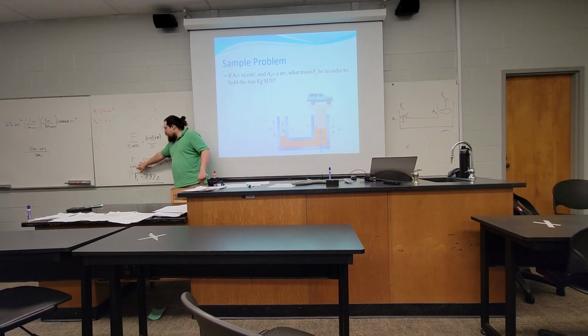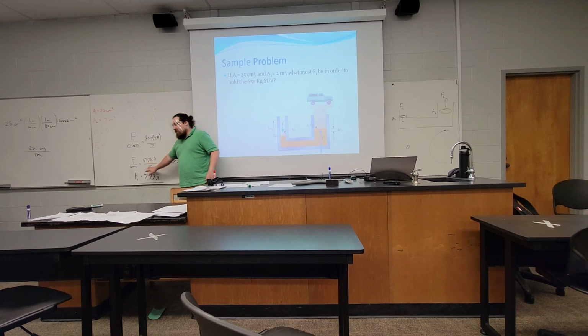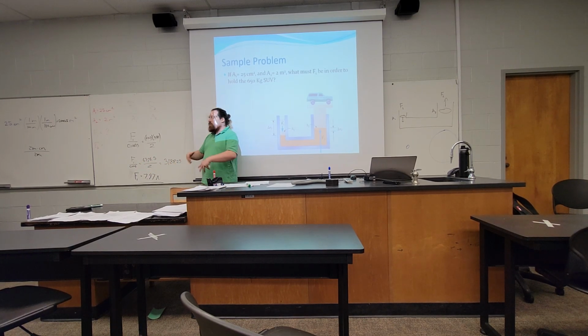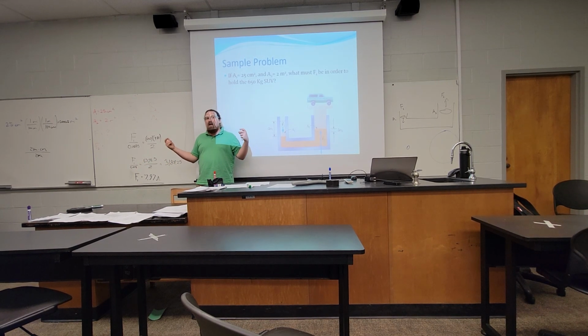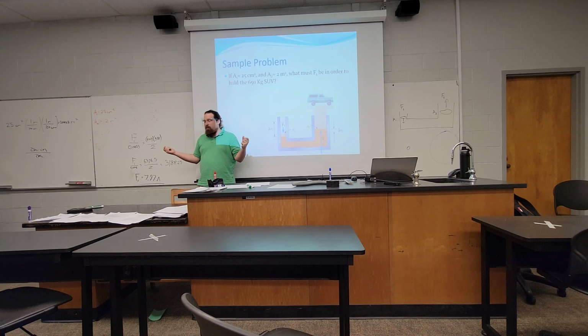So F1 over 0.0025 is equal to this. We can then multiply both sides by 0.0025. So 3,188.25 times 0.0025 gave me 7.97.